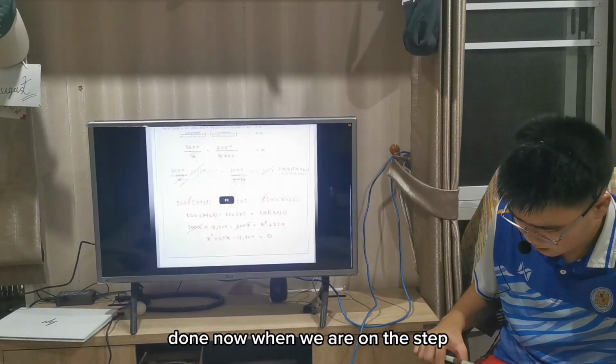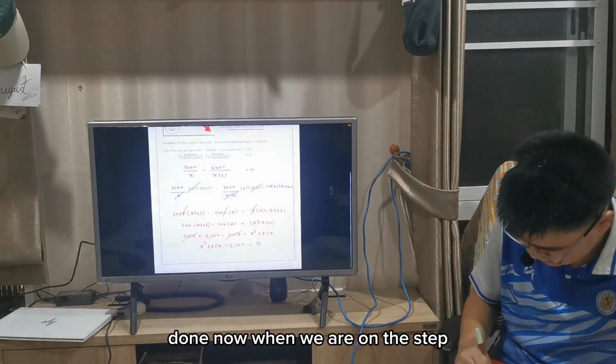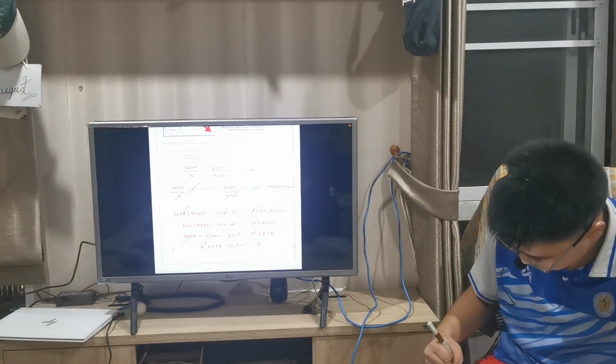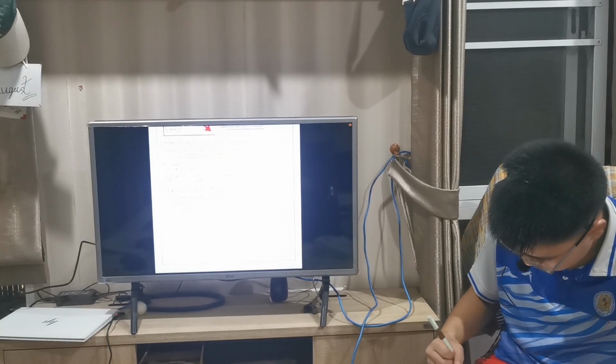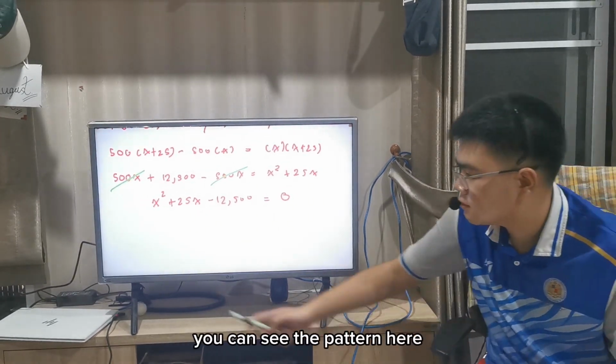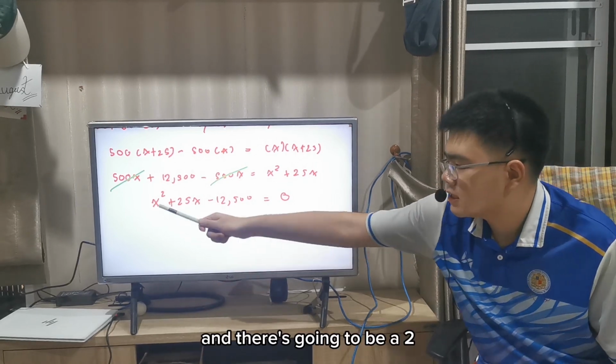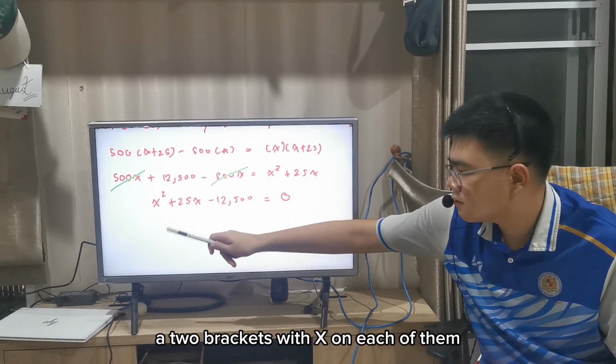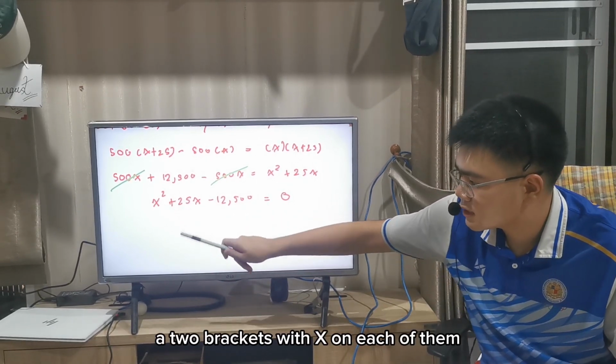Now, when we are on this step, you could actually factor them out, right? You can see the pattern here. There's going to be two brackets with x on each of them.